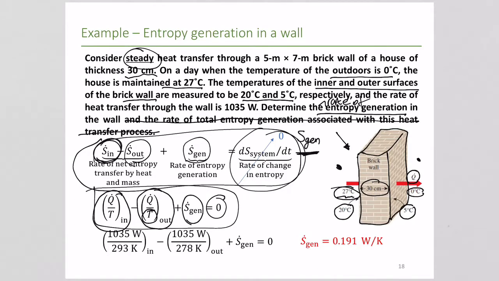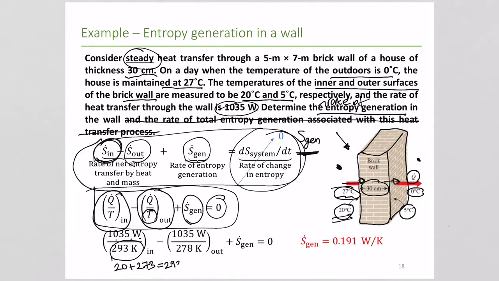Okay, so now Q dot is given to me. It is 1035 watts. The same thing is getting in through the boundary on one side, and getting out through the other side. So here 1035 watts over the temperature of that surface, which is 20, but I need to add 20 plus 273, 293 Kelvin.